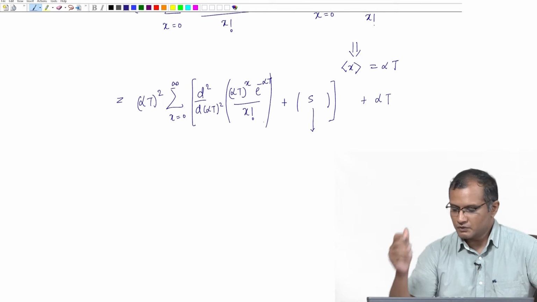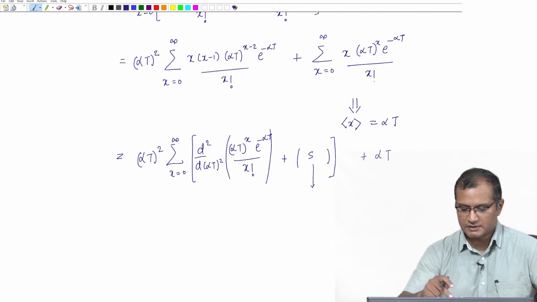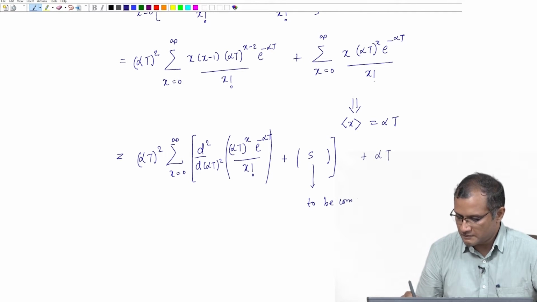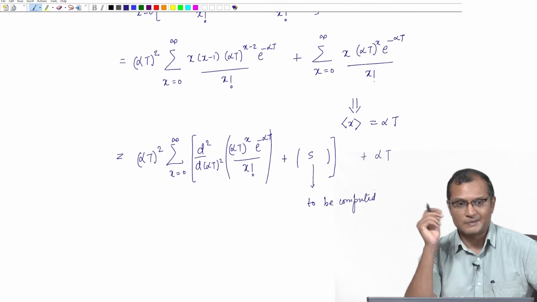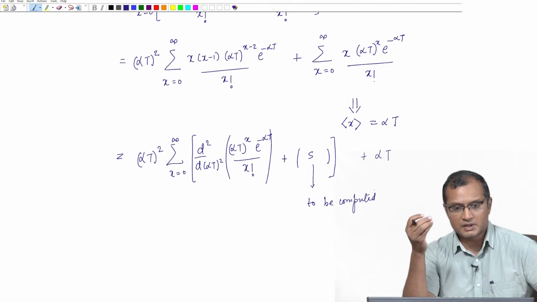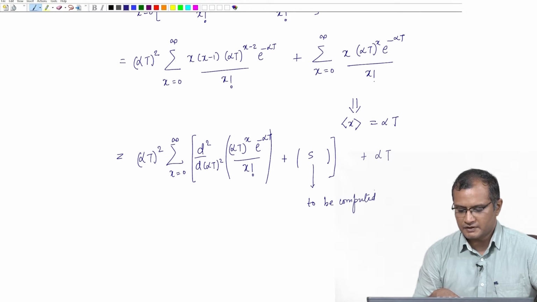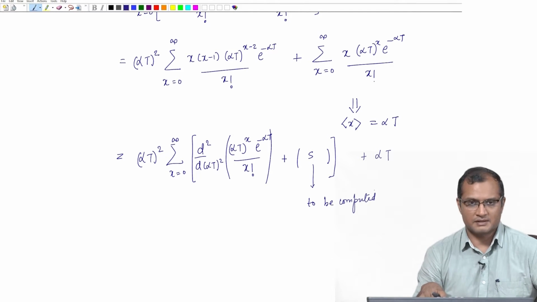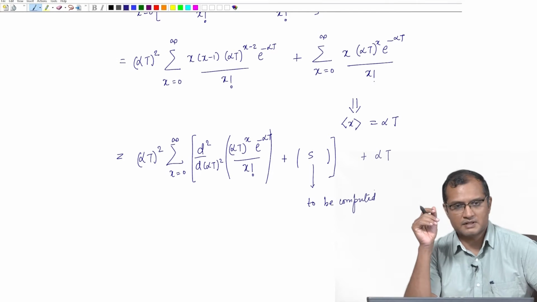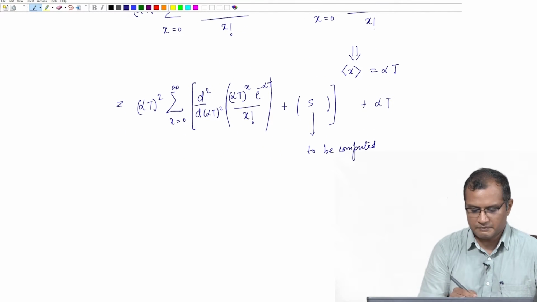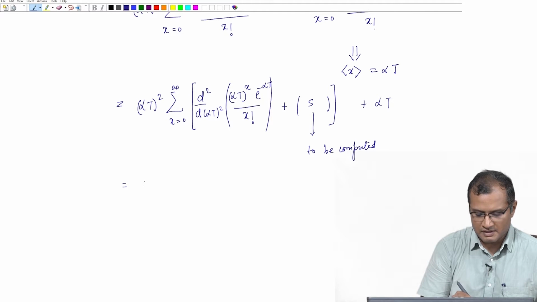So, that would give you the first to be computed, and I leave it as an exercise. So, there are just two terms that you may have to add here. So, that the second derivative of the Poisson PDF plus these terms gives you the first term in the previous expression. You do that, you will end up with the answer, which is alpha t the whole square plus alpha t.